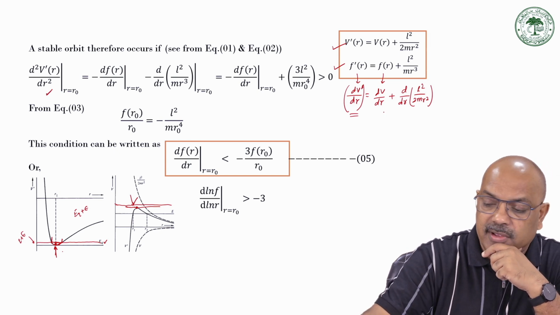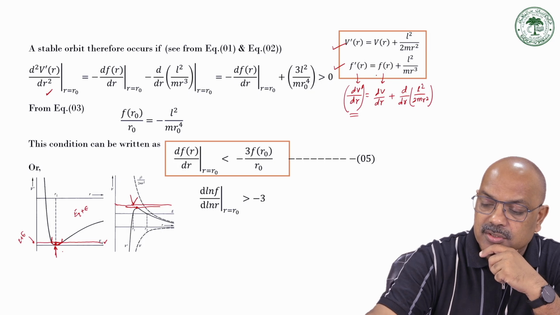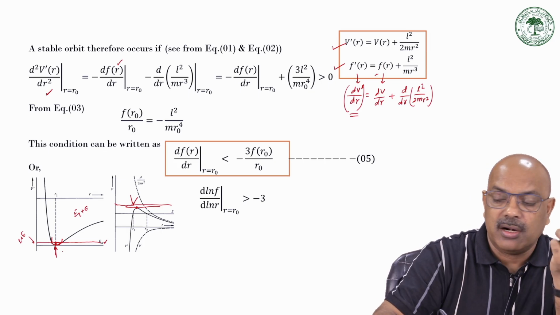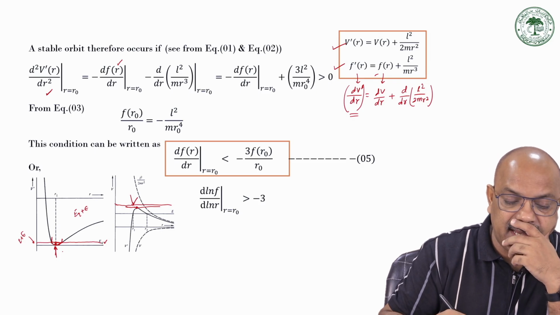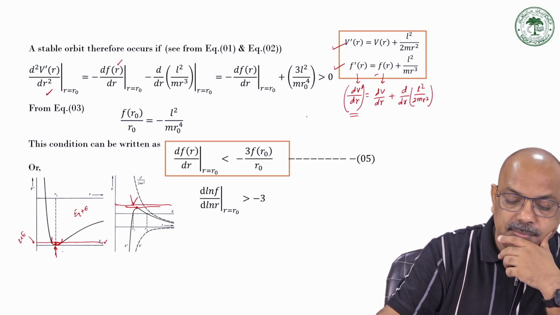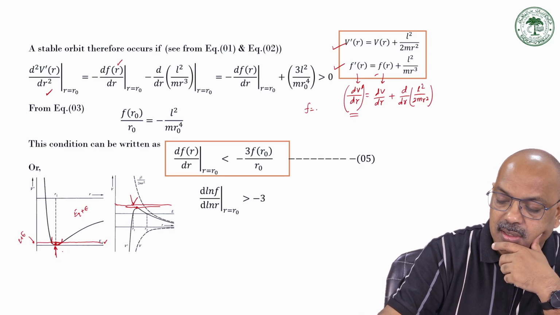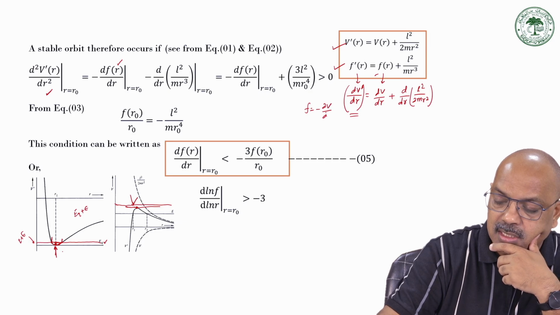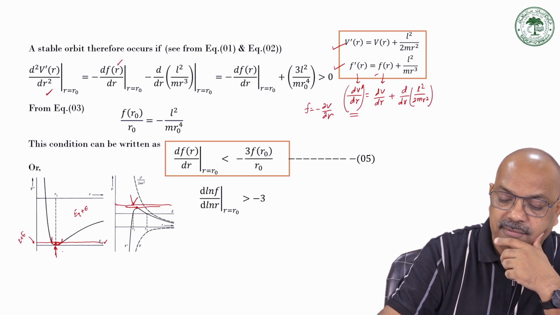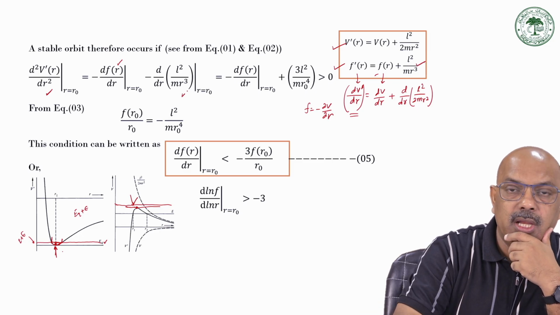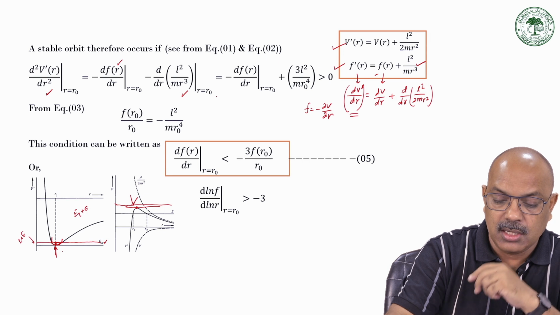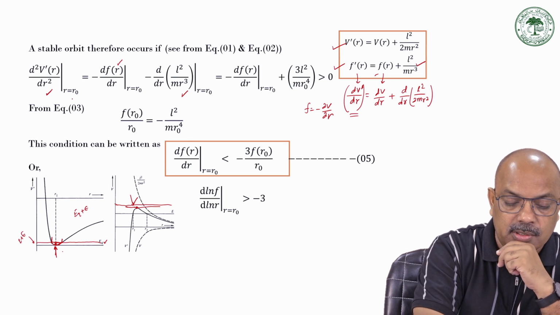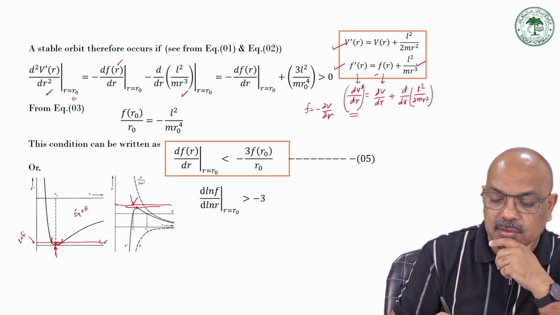Now we have to find the derivative of this V prime, that is d2 V prime upon dr square. This is my F of r, so this is dF by dr with this negative sign, because F is minus dV by dr, and then I have this L square upon m r cube with the negative sign, at r naught, which is the position of the circular orbit.